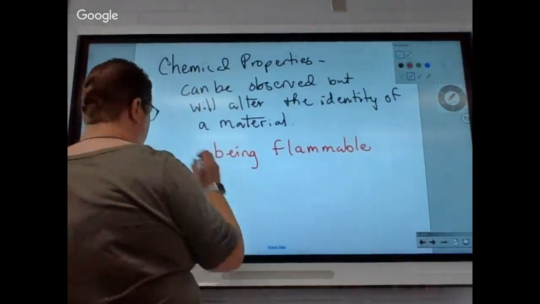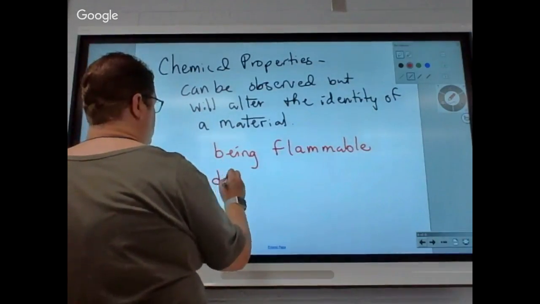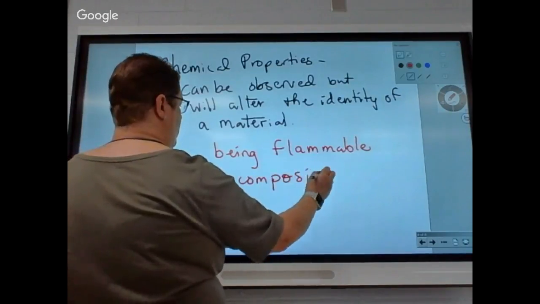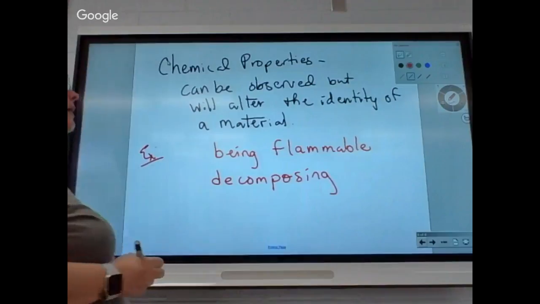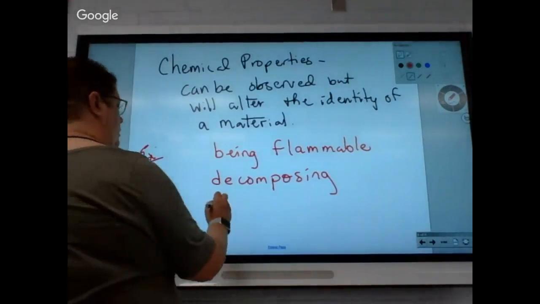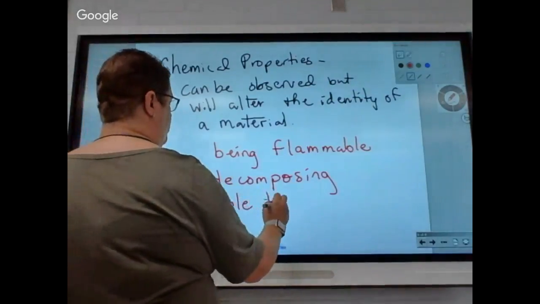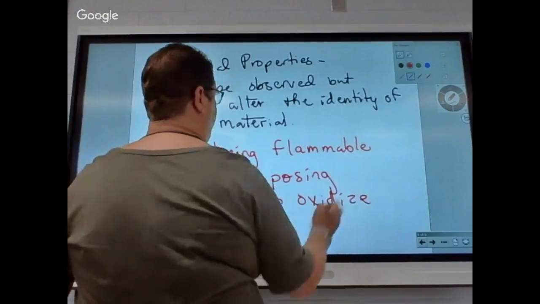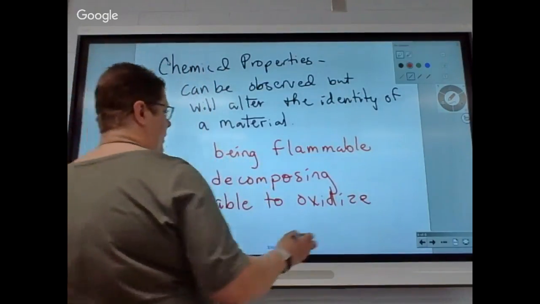All right? Decomposing is going to be a chemical property. Able to oxidize, which is a nice fancy word for what? Being able to rust.